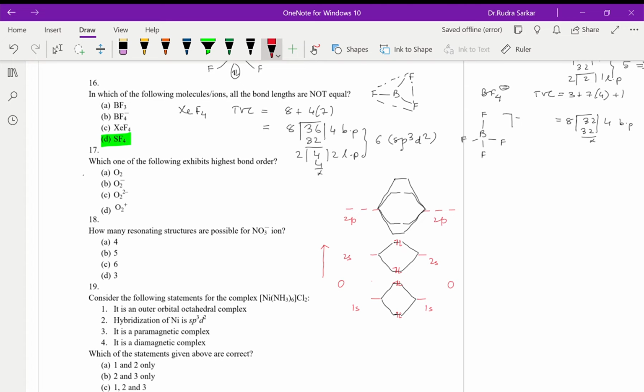So all total 8 electrons now. 9, 10, 11, 12, 13, 14, 15, and you have 16. So the bonding and anti-bonding electrons coming from 1s will cancel each other. Bonding and anti-bonding electrons coming from 2s will cancel each other.